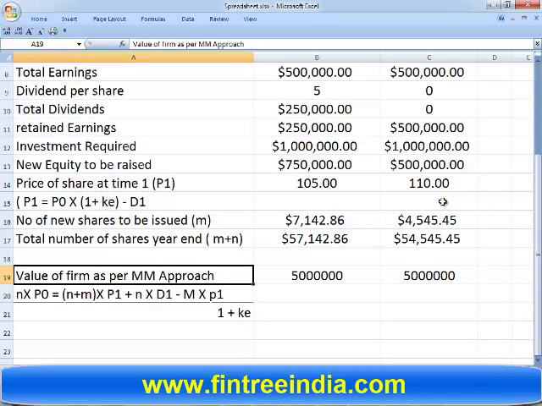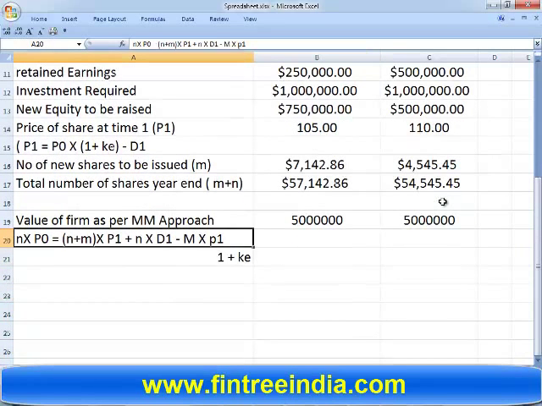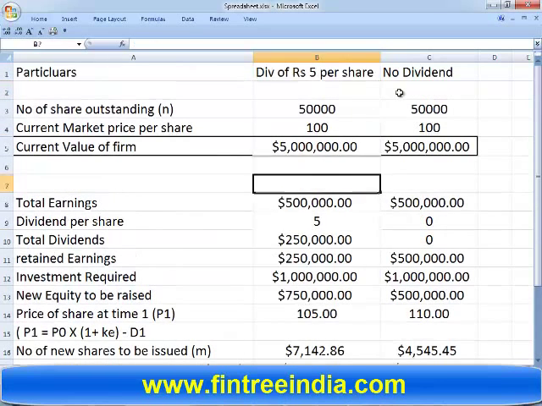So what did he do there? First we appreciated the value of stock and made this 105, right? So these N plus M number of shares, 57,142, we've multiplied with 105. But then again we've deducted 105 multiplied with 7,142 in the last term here. आ रहा है समझ में? पहले 57,000 से 105 को मल्टीप्लाई किया और उसमें से 7,000 माइनस 105 किया, which means effectively it was 50,000 into 105, to which we also added 50,000 into 5, which is dividend.